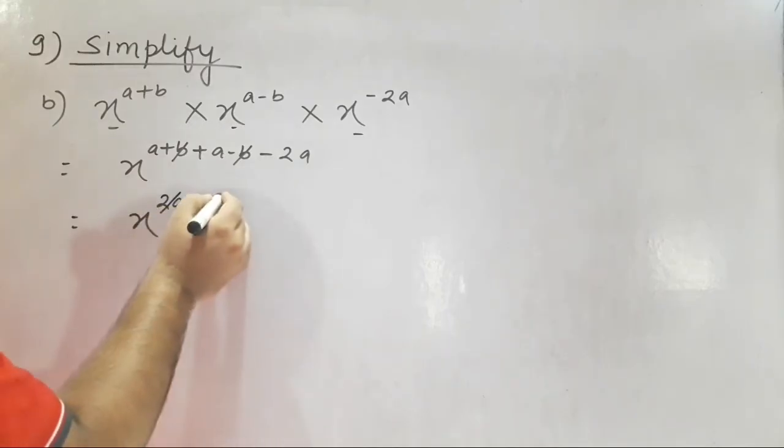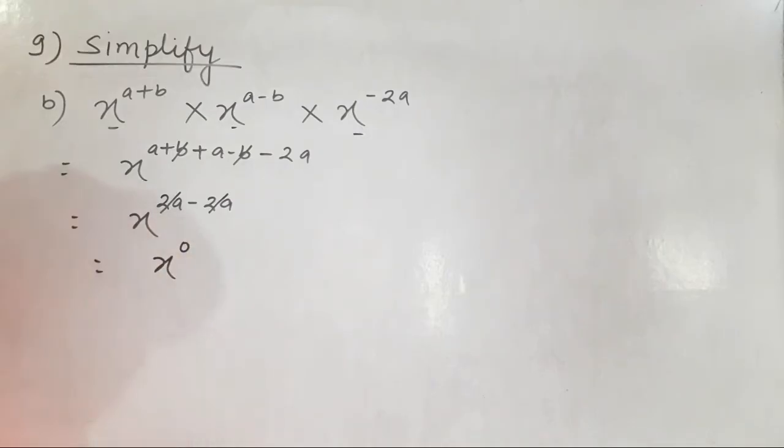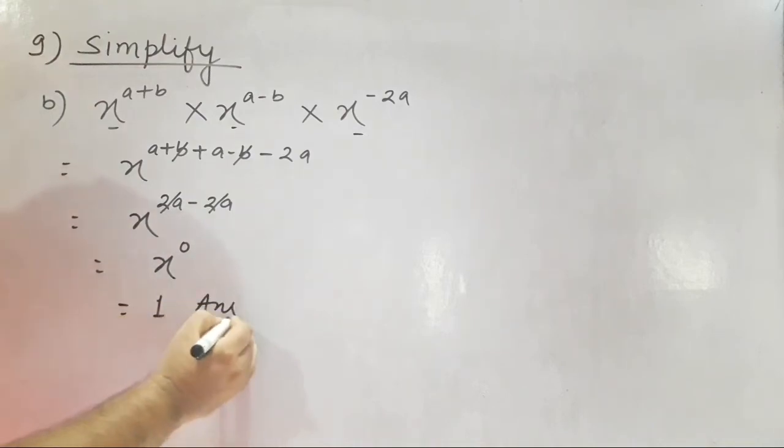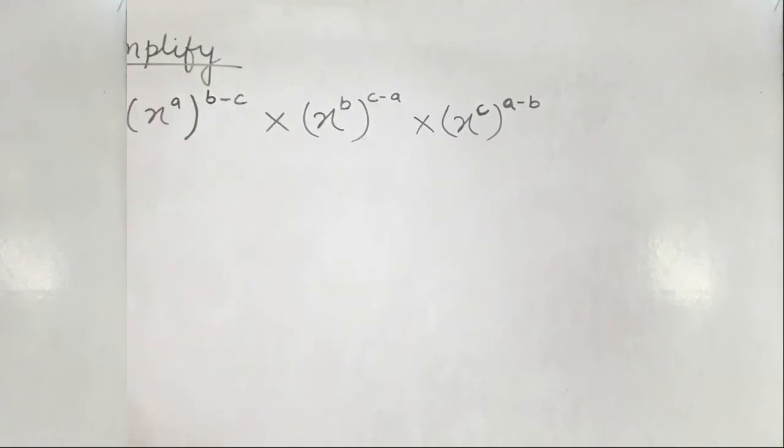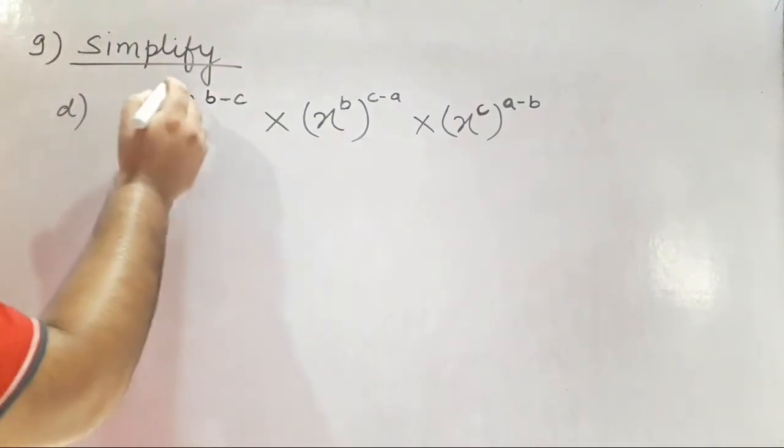Plus 2a minus 2a again cancelled. Now x power 0, and as we know any base raised to power 0 is equal to 1. This is our answer.